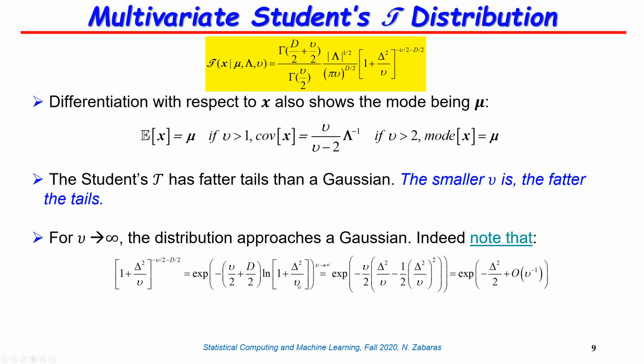It's a small number because we're interested in nu going to infinity, and for the log of 1 plus a small number, if you do a Taylor series expansion, the first leading term is that small number, so delta square over nu. So nu and nu cancel out on the leading term, and then you get the exponential that corresponds to the Gaussian. And you remember delta is the Mahalanobis distance that also comes to be part of that exponential in the Gaussian.